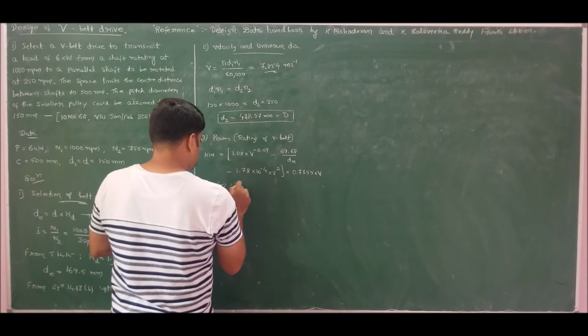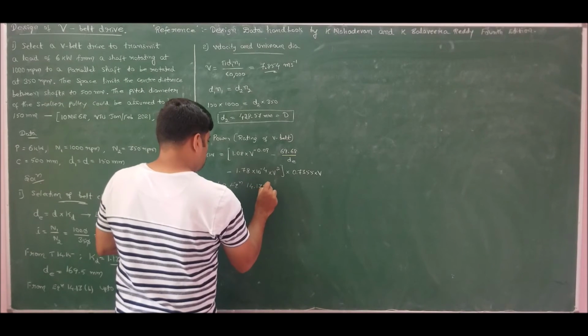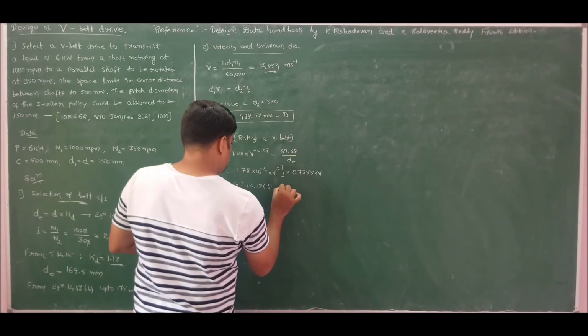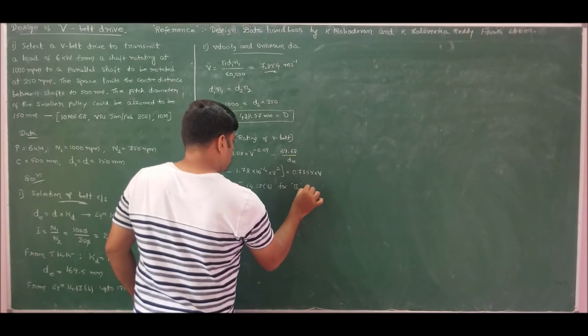This is equation 14.13b for the B cross section belt.